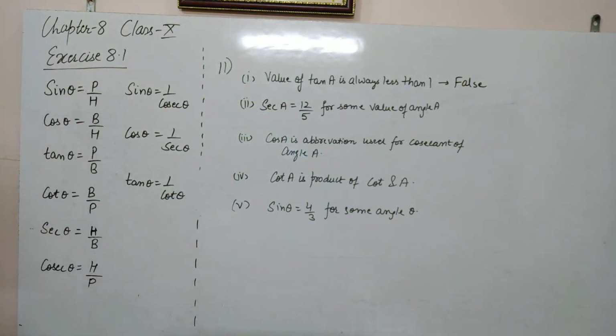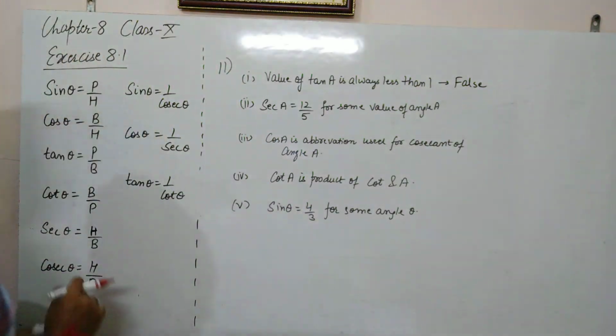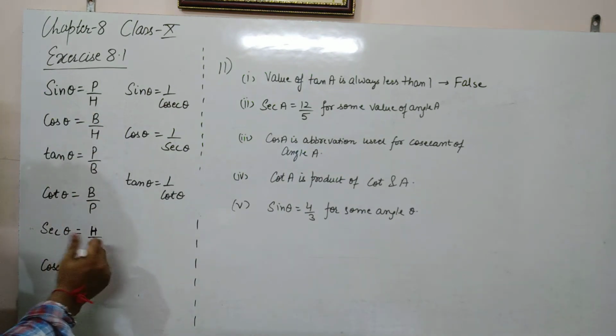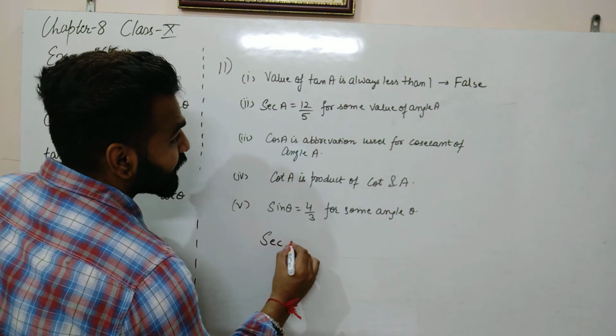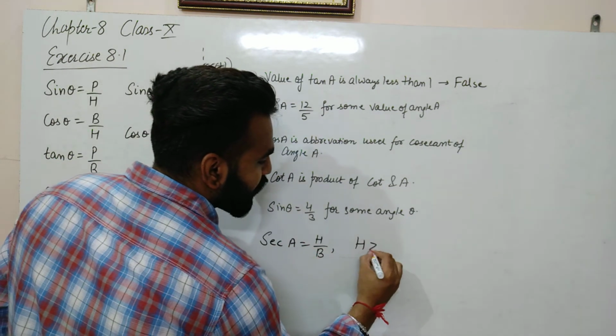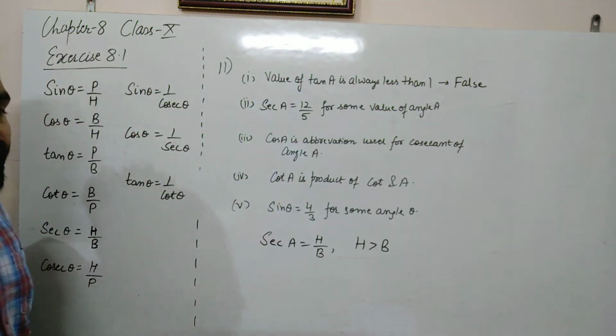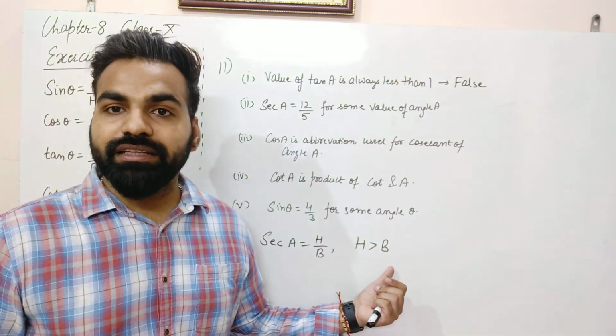Now see the second statement. Secant A is 12 by 5 for some value of angle A. Can value of secant A be 12 by 5? So see, secant A is H by B. And we know that H is always greater than B. Hypotenuse is the longest side, so H will obviously be greater than the base.